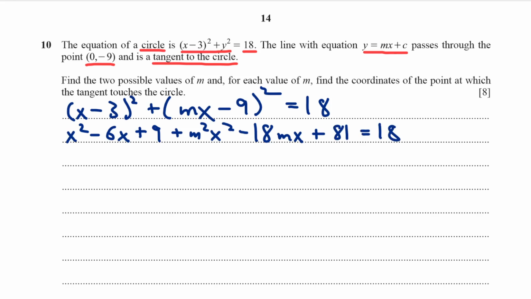So we have like terms over here. We have x² and we have x² over here, and we have x to the power of 1 over here, and x to the power of 1 over here. So we can collect these terms together.